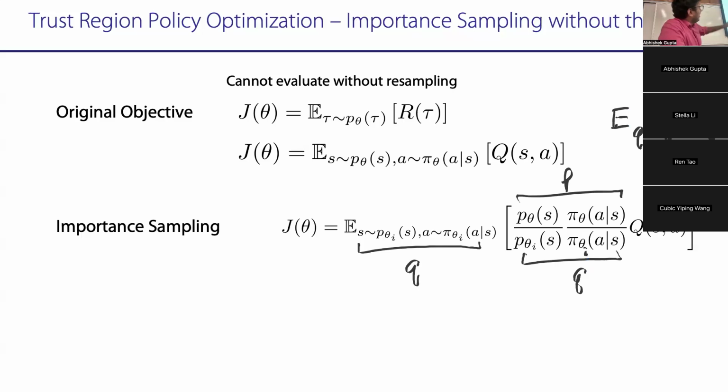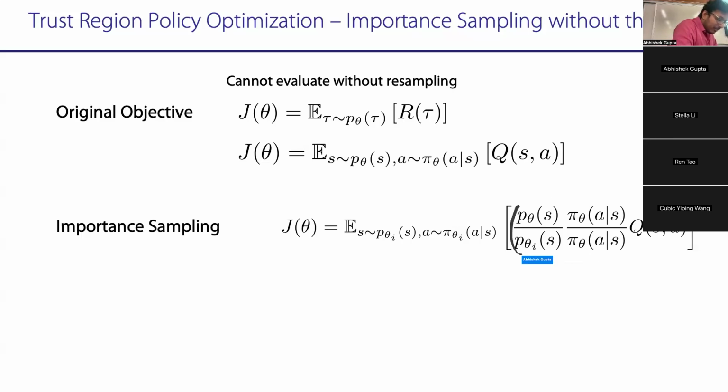All we did is take policy gradient and rewrite it in the stationary distribution form. Then we said we're going to do importance sampling, which samples from Q, which in this case is pi theta I. Then we take this ratio, and it's the same objective. So far we've made no approximation, we've just done importance sampling, so it's exact.